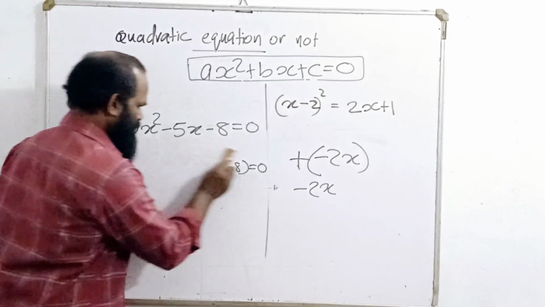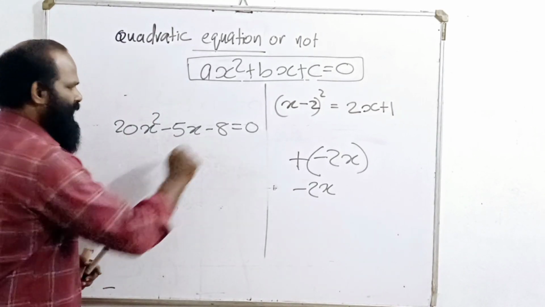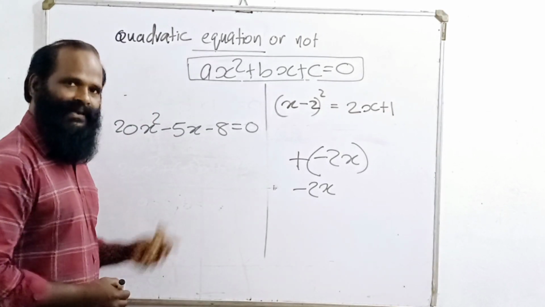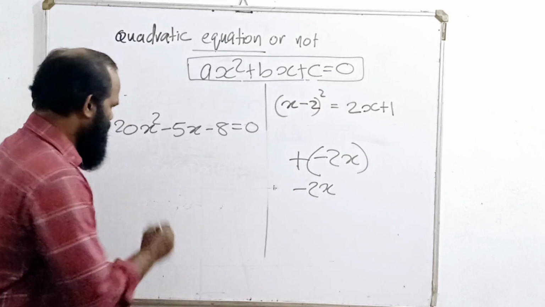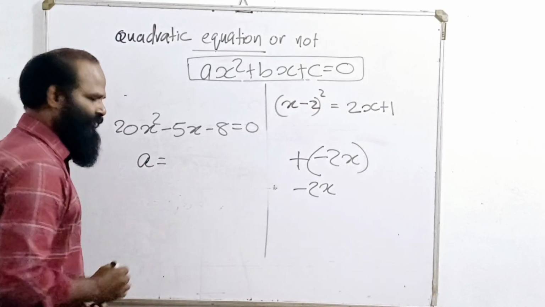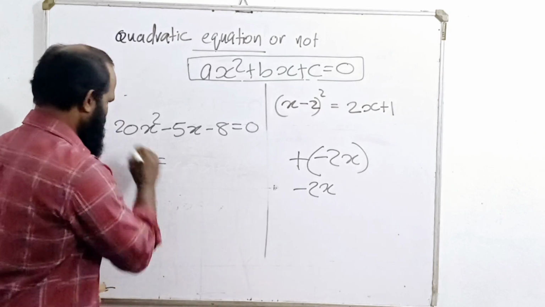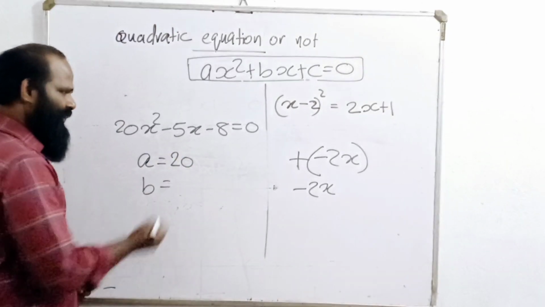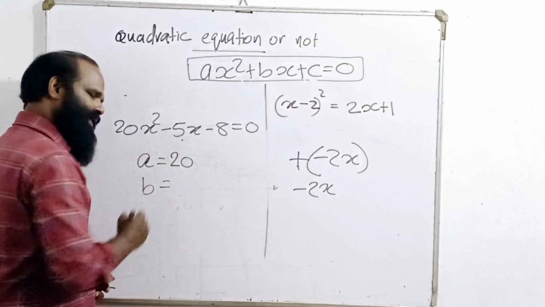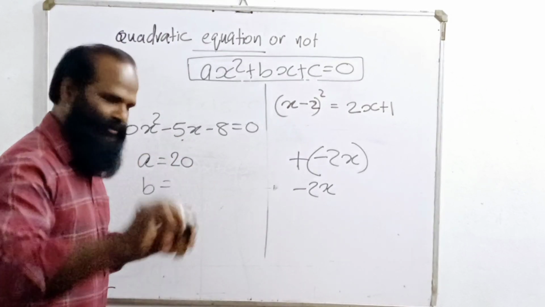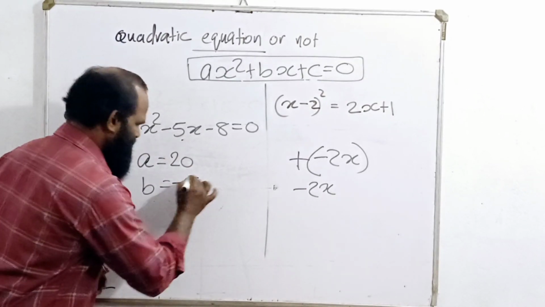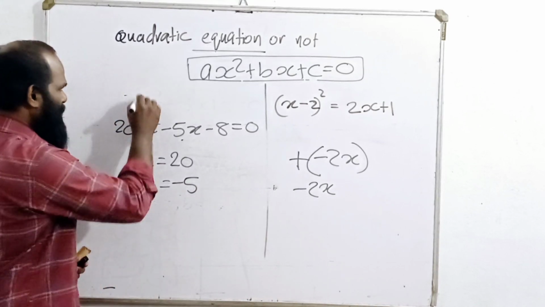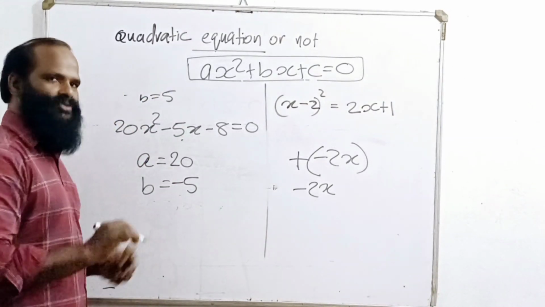Now, if asked what the a of this is, just write this. a is the coefficient of x square, a is 20. If asked what b is, the sign just before this number will be minus, and that will be b. So minus 5 is b. b is equal to just 5 would be wrong.